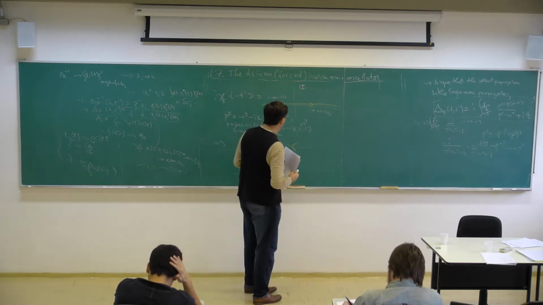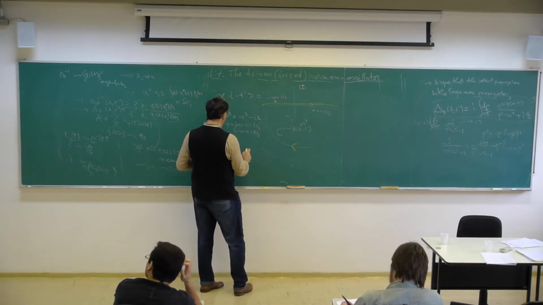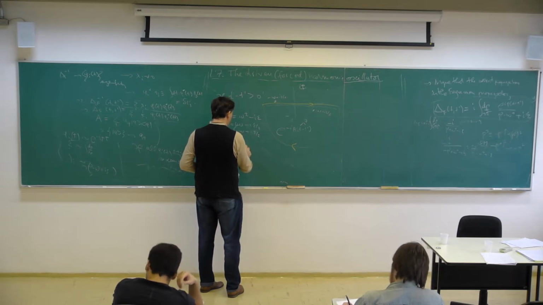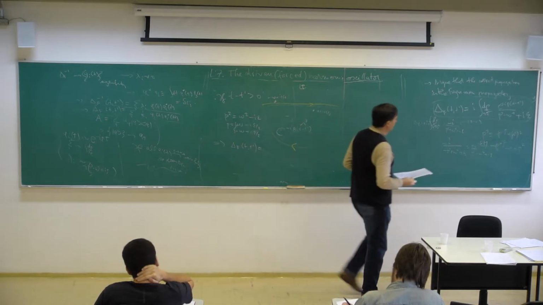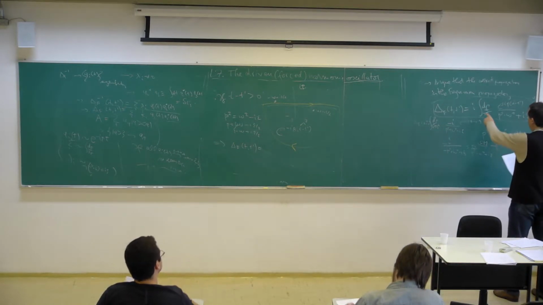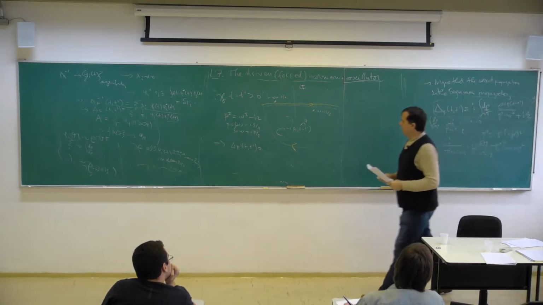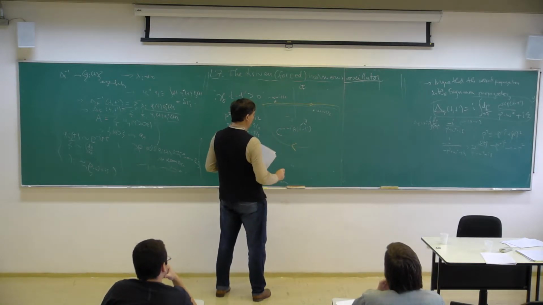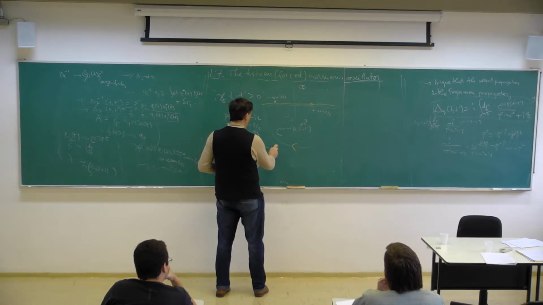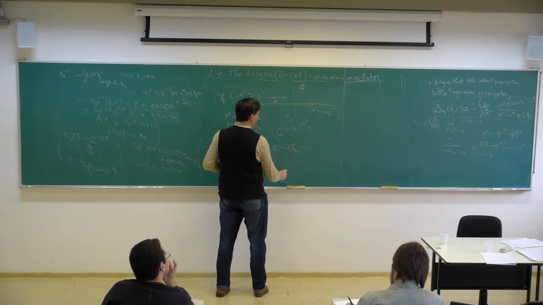And then I'm left with what? So p replaced with omega. So by the residue theorem, I get that delta f of t, t prime is, so the residue gives 2 pi i, and the 2 pi gets cancelled. Here I get a minus. Let me see if I get things correctly. So minus sign, then e to the minus i, p is replaced with omega, then t minus t prime.